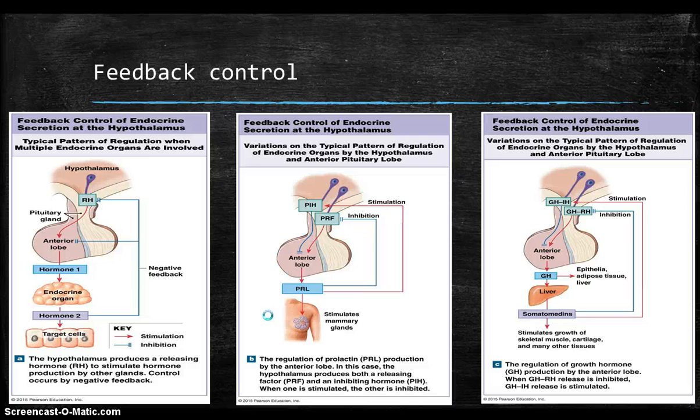The hypothalamus is under feedback control from the body, and it is negative feedback for the most part. The first pattern of feedback that we see over here is very typical of the thyroid hormone that we had talked about.